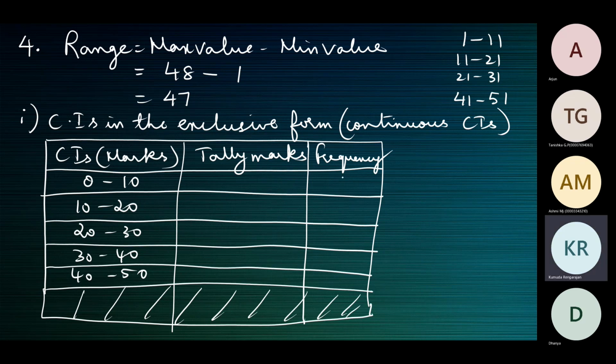Yes, Danya, what is the frequency for the first class interval? Six, ma'am. Okay. Second one? 9, ma'am. No. Tanishka? 11, ma'am. How much? 11, ma'am. Correct. The third one?